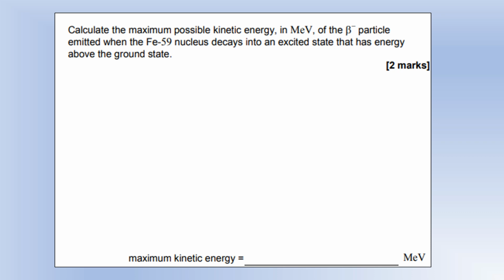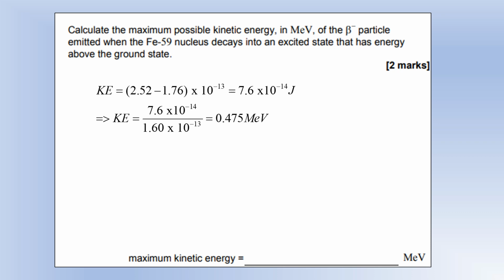And we're going to assume the neutrino doesn't have any kinetic energy. That's how we get maximum for the beta particle. So I'm going to find the difference between the total energy of the iron and the minimum excited state of cobalt, and the difference between those gives us the energy in joules, divided by 1.6 times 10 to the minus 13 gives us the kinetic energy in MeV.